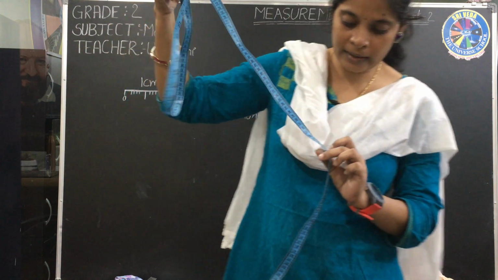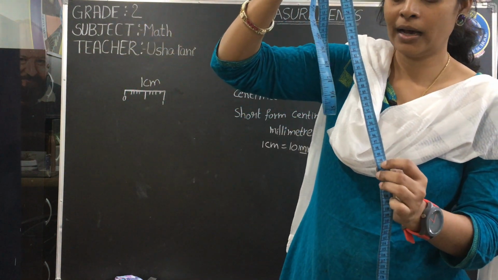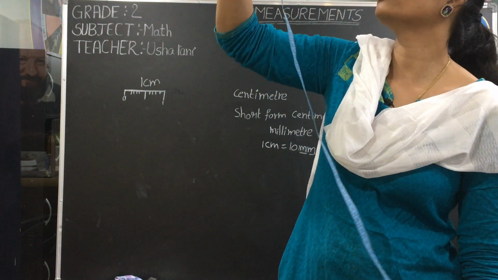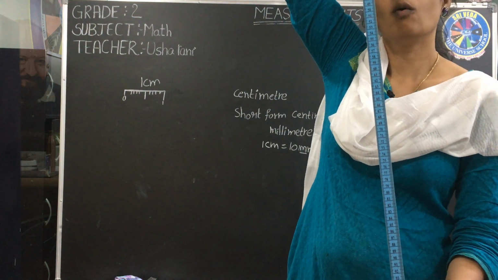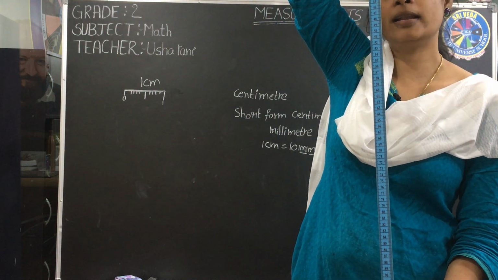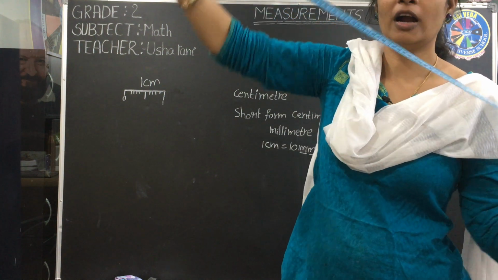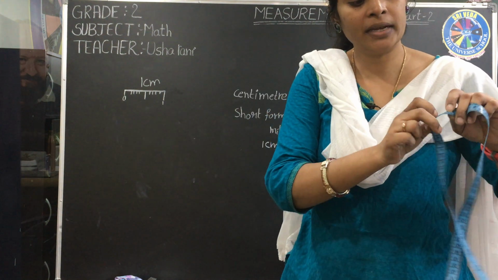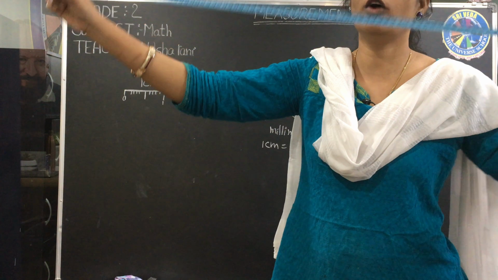Yes, 100 is there. 100 centimeters equals 1 meter. If we combine 100 centimeters, we will get 1 meter. So here to here is 1 meter.